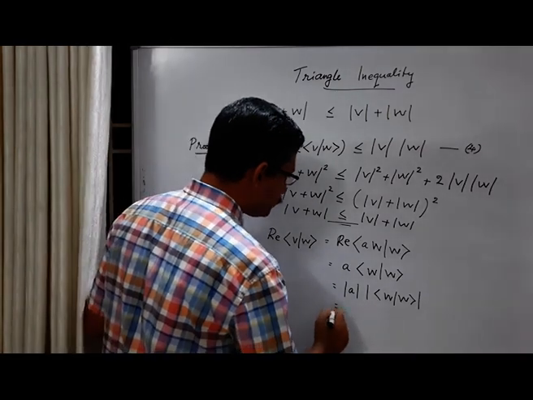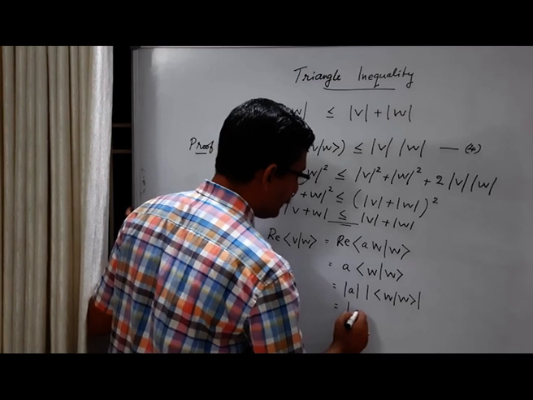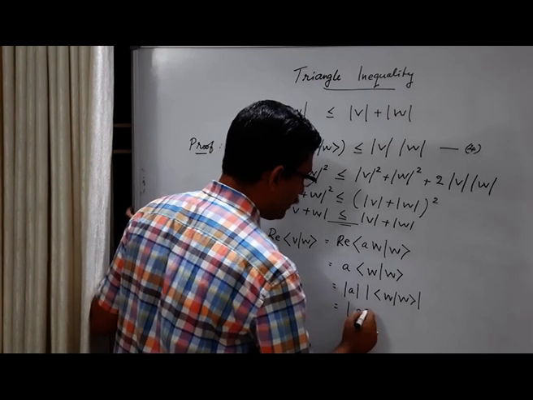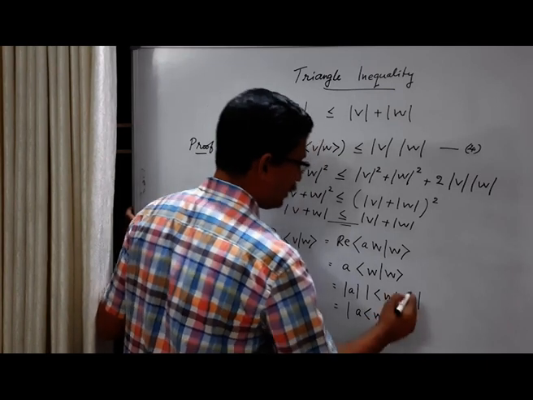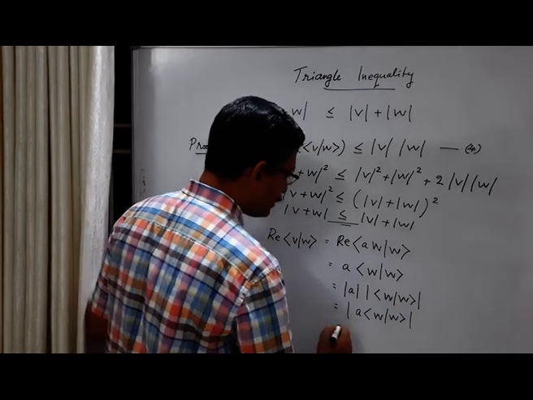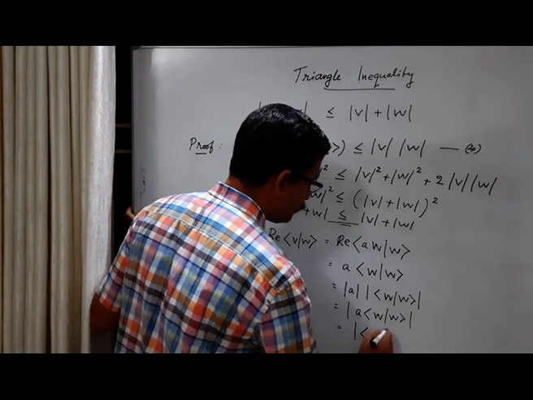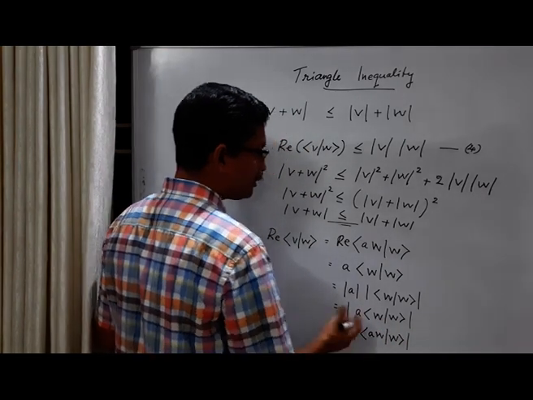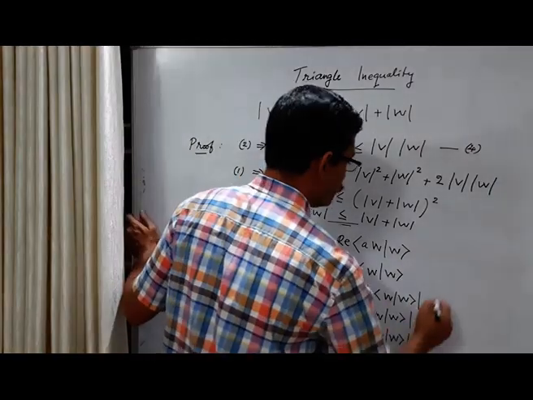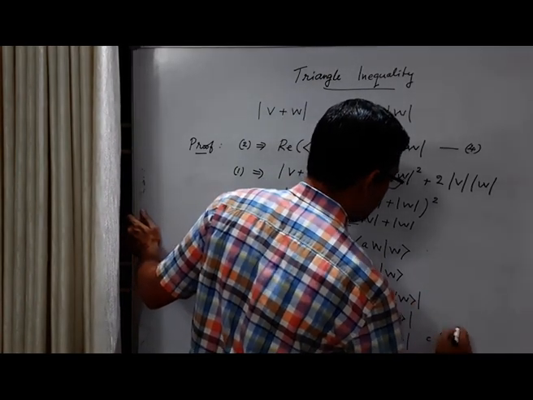Then this is equal to, I can take A inside, modulus of A W with W. Now A W is nothing but the vector V. So this is equal to inner product of V with W.